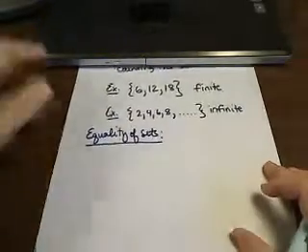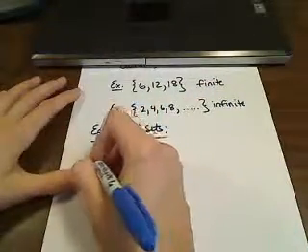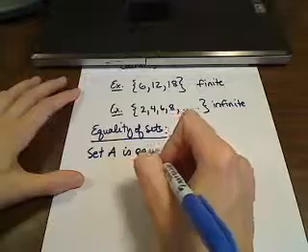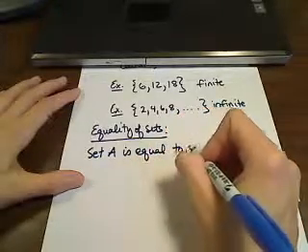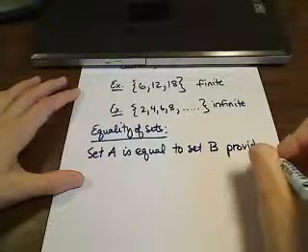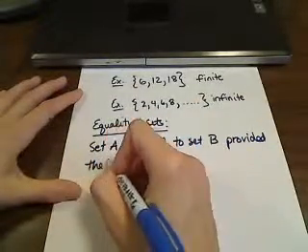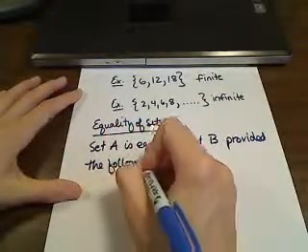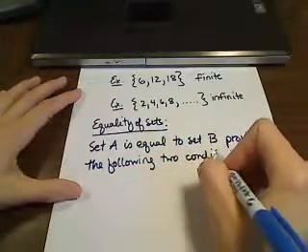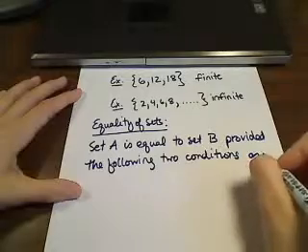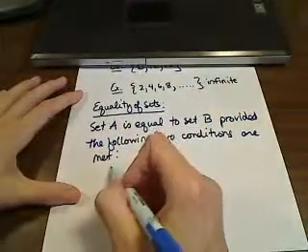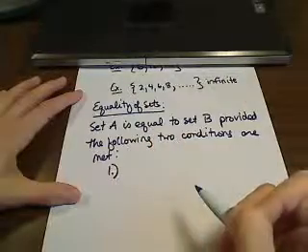Okay, and we need to define this so that you understand this. So we say that a set A is equal to set B, provided the following two conditions are met. Okay? It has to meet these two conditions in order for them to be equal.